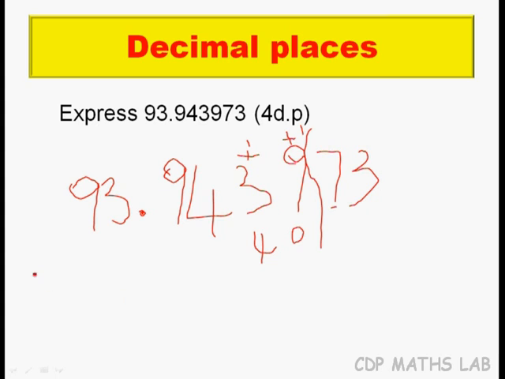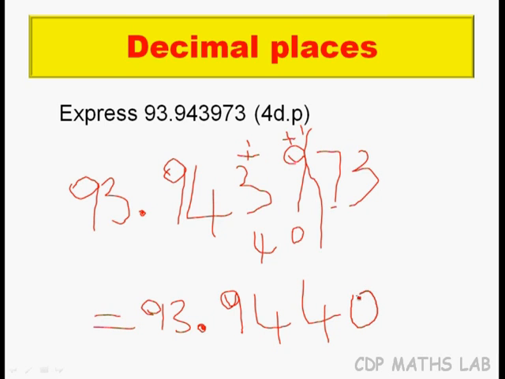So our answer then is equal to 93.9440. And this is 1, 2, 3, 4.